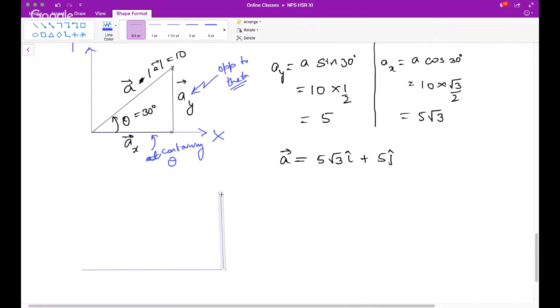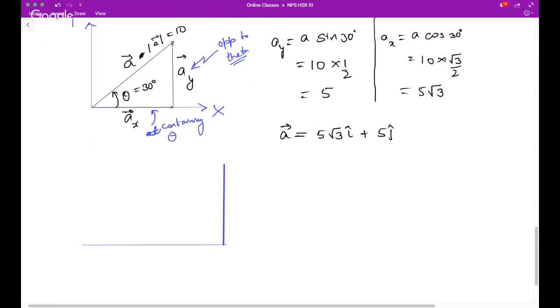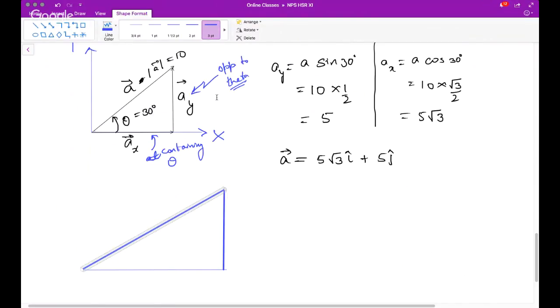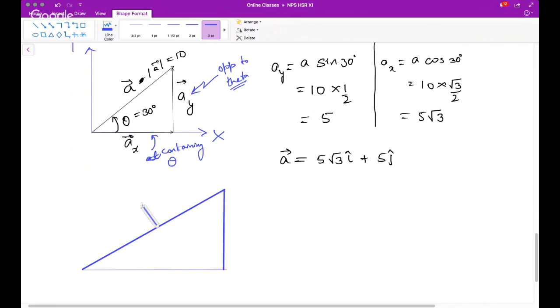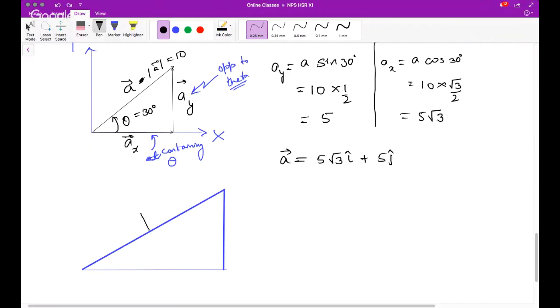The plane is something like that. This is a wedge, and let's say there is a small block kept over it, on a frictionless surface.